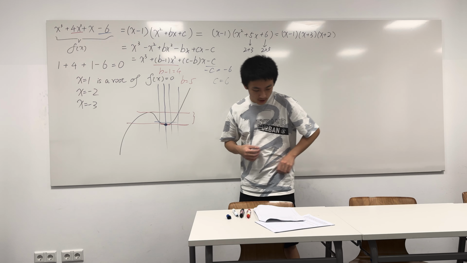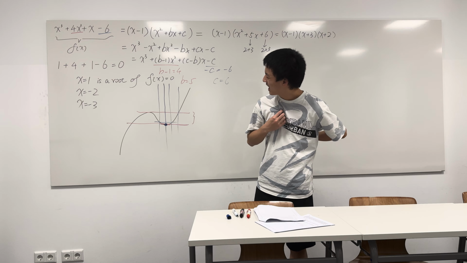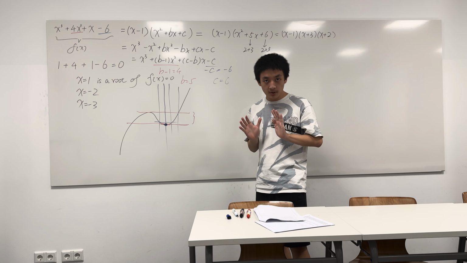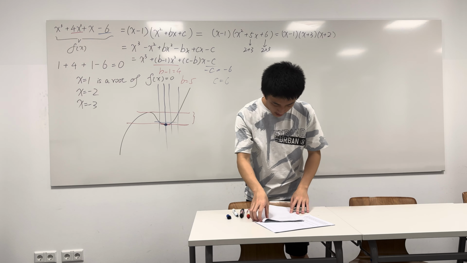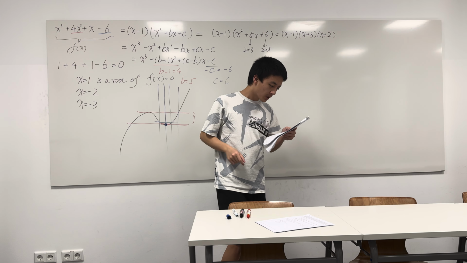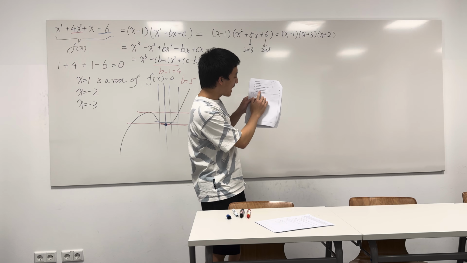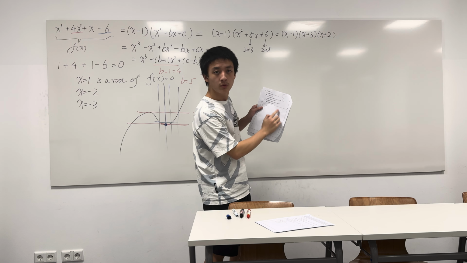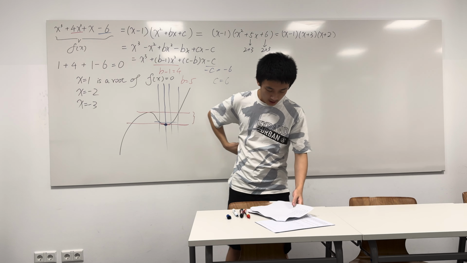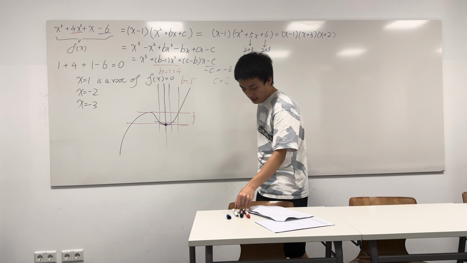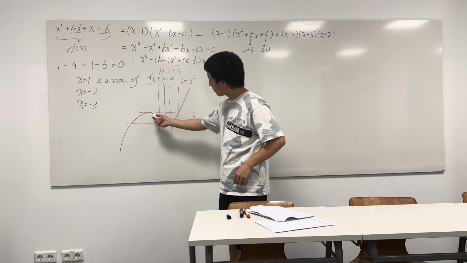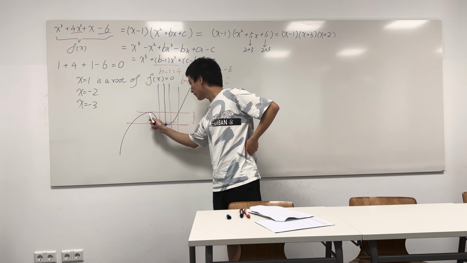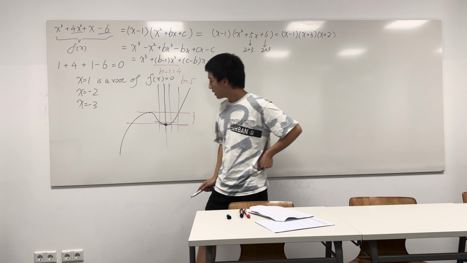For question C, the method is the same, but be careful. That's why we have to read the question. The graph of f has an inverse for x less than or equal to b, where b belongs to the integers. It's really important, because if you use the calculator to find the maximum point, the x coordinate of this point is not an integer.